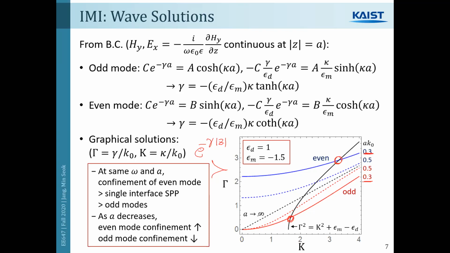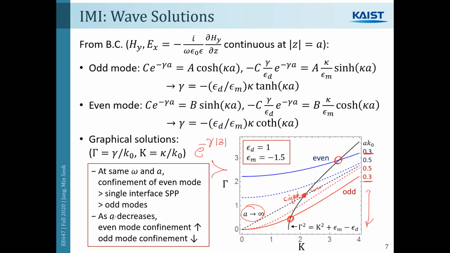And then you can compare this also with A here. When A goes to infinity, this is the infinitely thick layer case, which is the same as a single interface. So compared to a single interface, the even mode is more confined, and the odd mode is less confined.